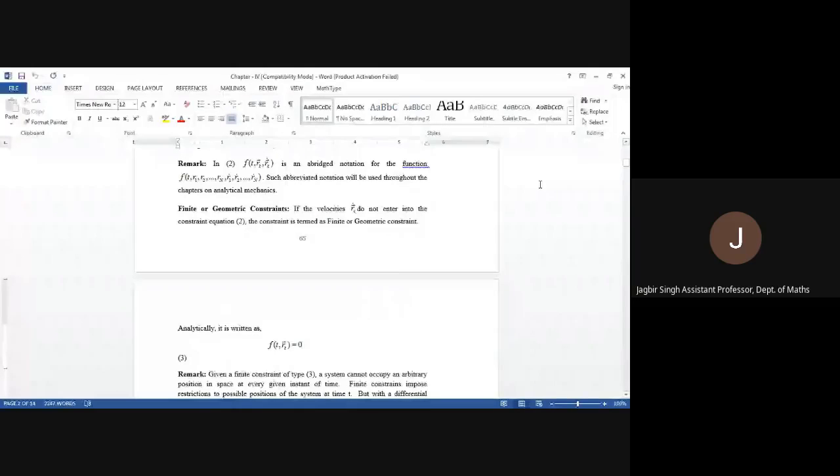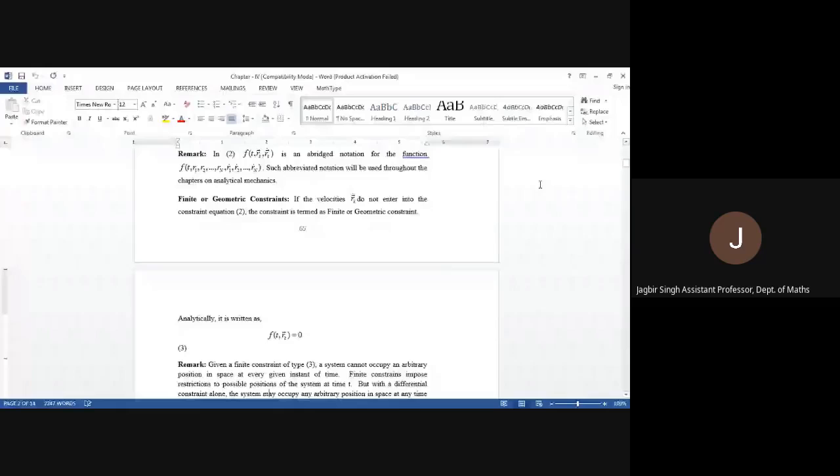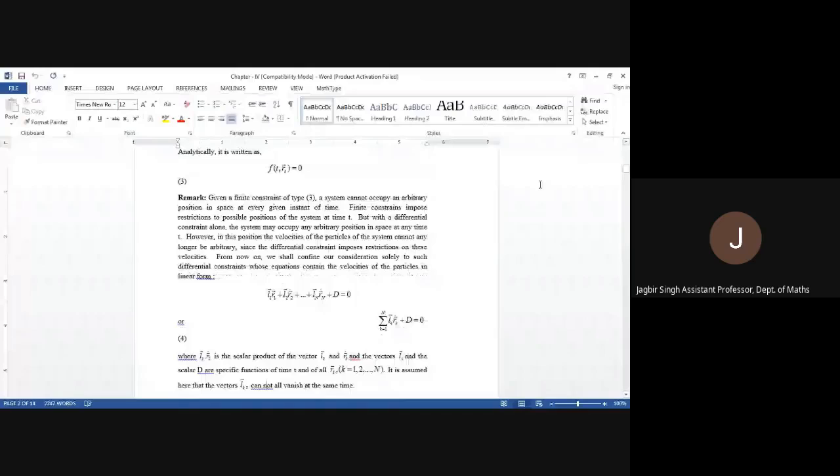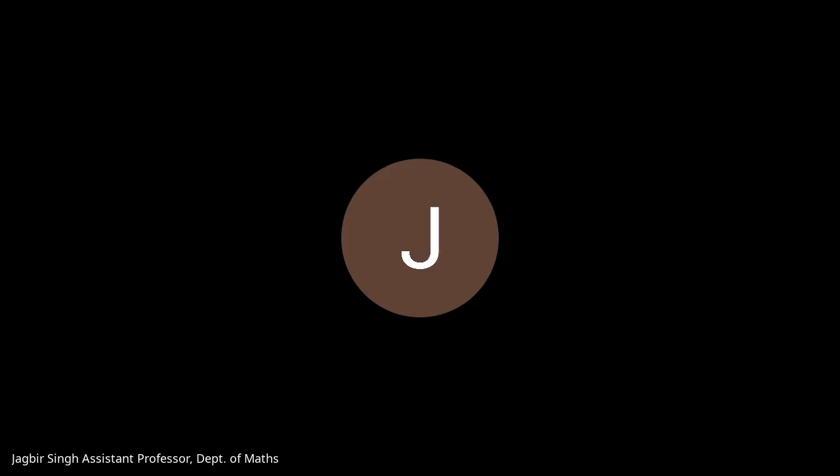Okay. After that, we discussed a remark in which we stated the differential constraints will be linear in velocity, having an expression of the type L_k R_k vector, derivative of R_k with respect to t.